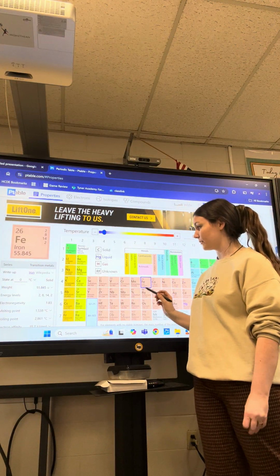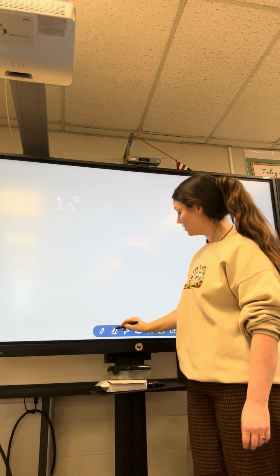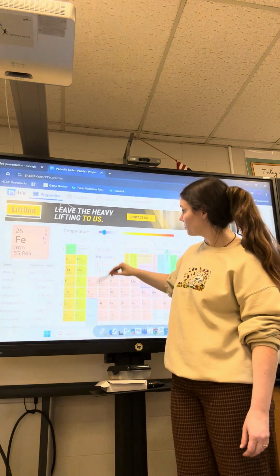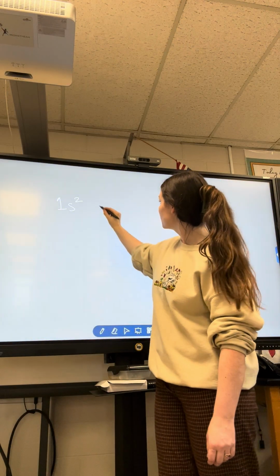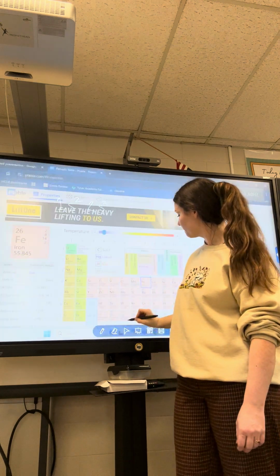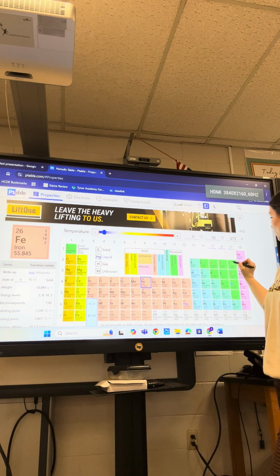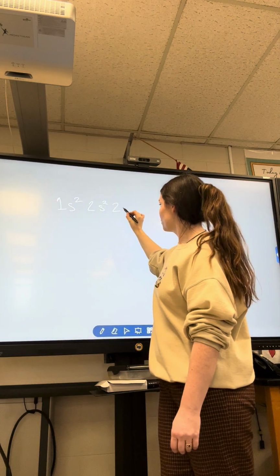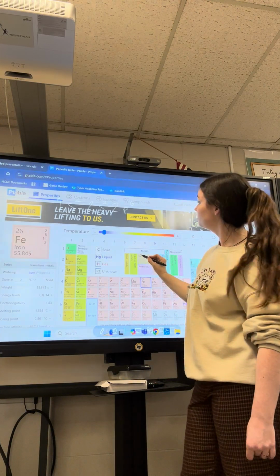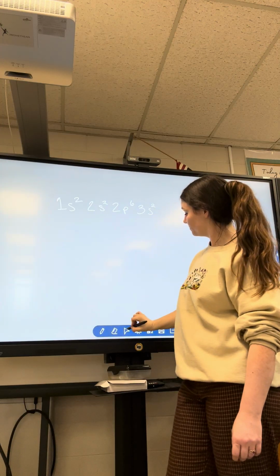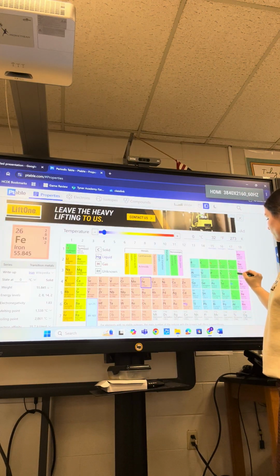So if we're going all the way to iron, we go through 1s2 because of hydrogen and helium, 2s2 because of lithium and beryllium, and then we get to the P block, 2p, 1, 2, 3, 4, 5, 6, 2p6, then we're here at 3s2, okay, and then we get back to the P block, 3p, 1, 2, 3, 4, 5, 6, 3p6.